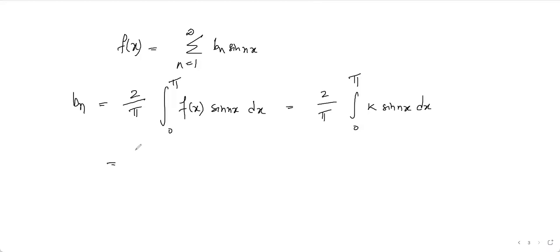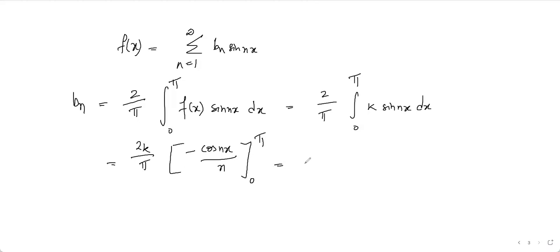So this will be 2k by pi, taking out the constant k, and the integral of sine nx will be minus cos nx by n over the interval 0 to pi.